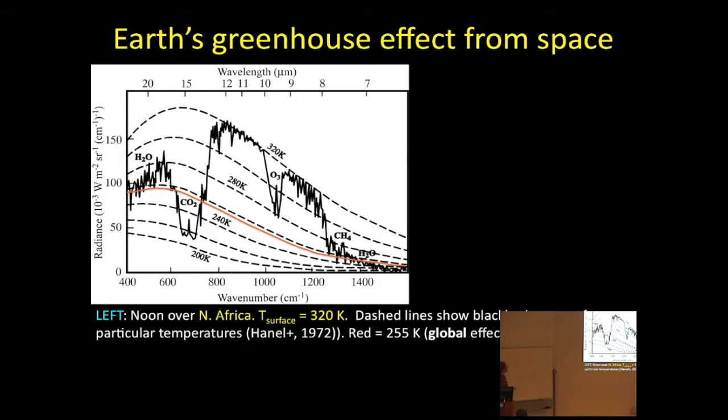Now you notice a little spike in the middle of the CO2 band. That tells you that some of the CO2 is radiating at a warmer temperature than 215 Kelvin here. 215 Kelvin, where's that going to be?